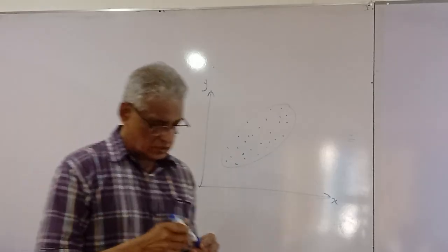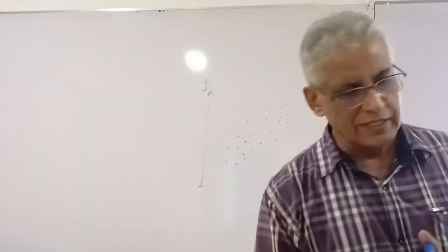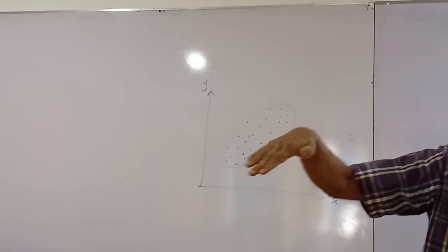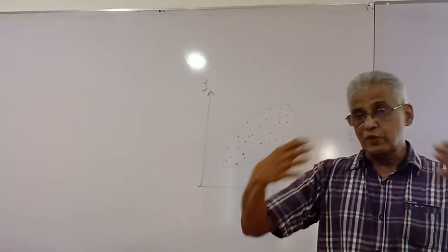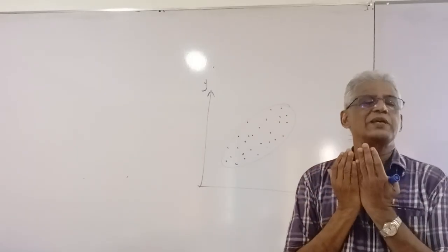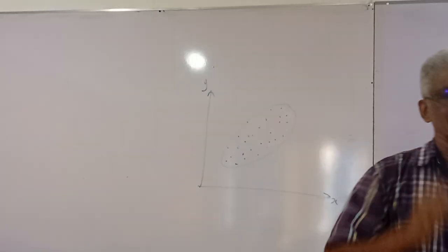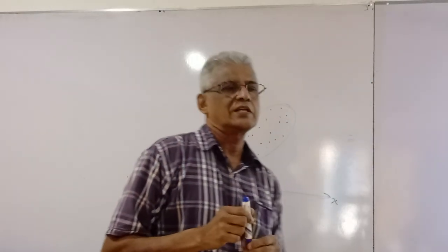What you want is to find a line that goes through this scatter, so that when you use that line to predict y values, the overall error will be as small as possible. That is the criterion that we consider in the least squares method.